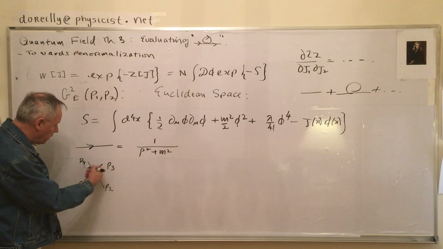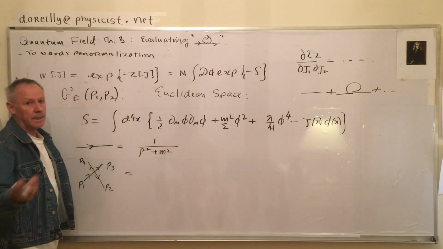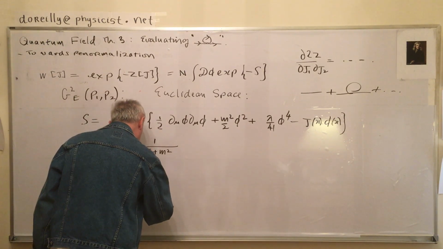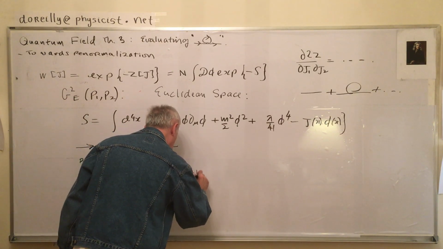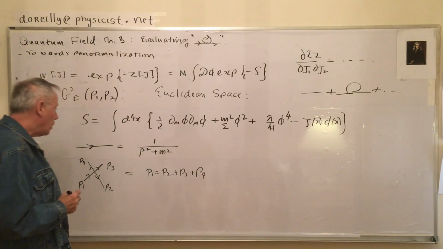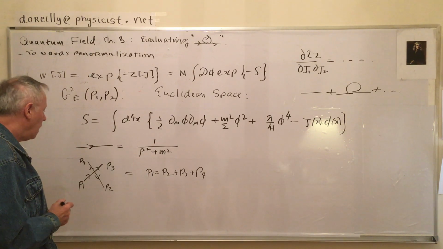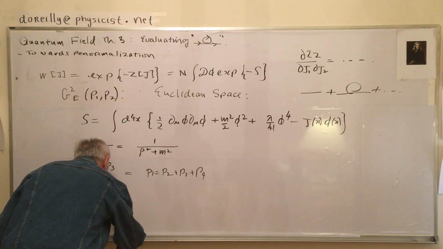Momentum flowing in gives momentum flowing out. Basically, it's Kirchhoff's rule. What else do I have? Well, integral over loop momenta.